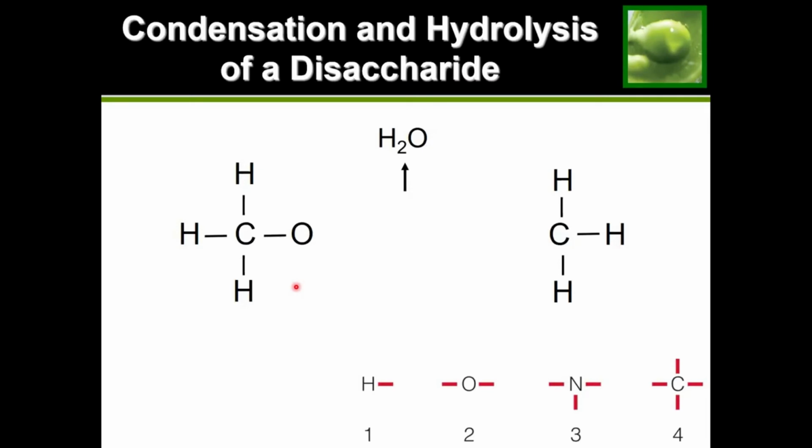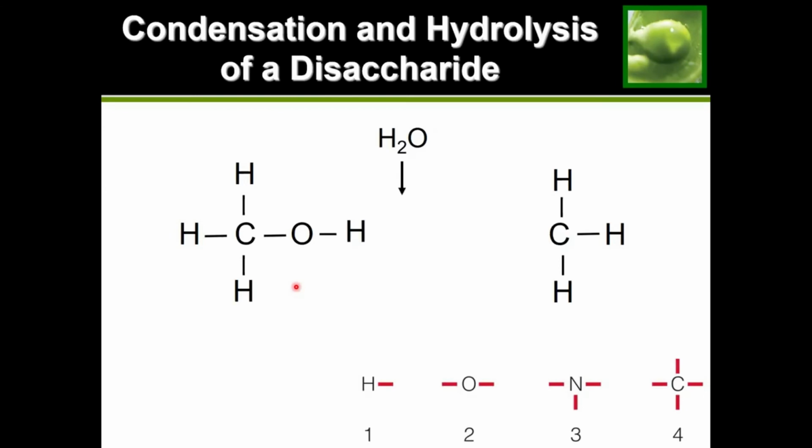And the way that we're going to do this is just reverse what we did in the first place. Because remember, before we made water, these two monosaccharides were able to exist on their own and had all of their bond requirements fulfilled. So if we just add water back, we can go ahead and fulfill those bond requirements again. So let's take a look at how that would work.